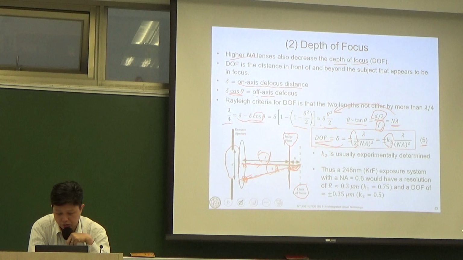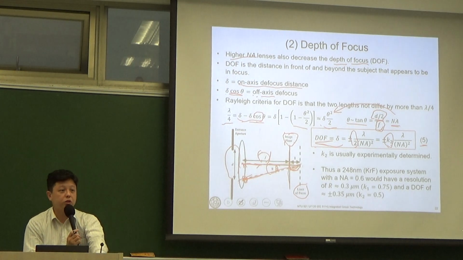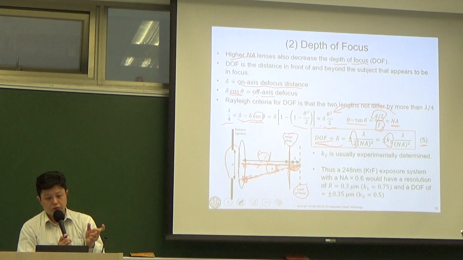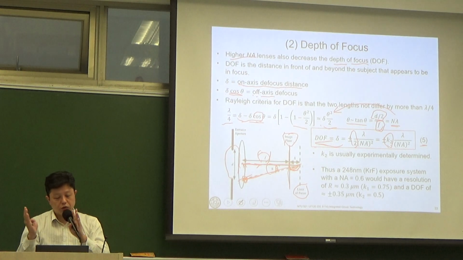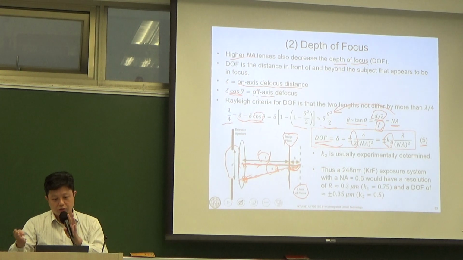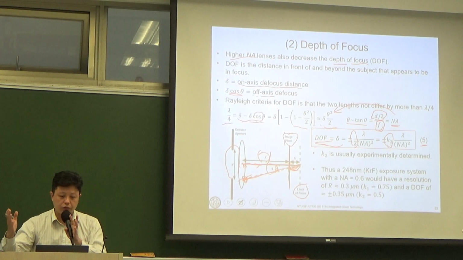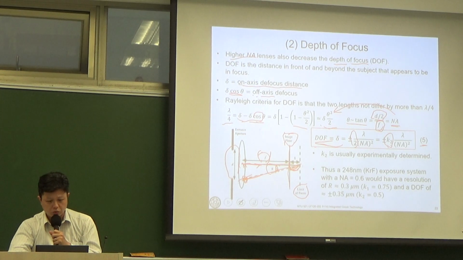Okay, actually we want this as large as possible, which means we have an allowable defocus distance. It's not just because you can change the wafer position, because the wafer position can be controlled very well on your tool.